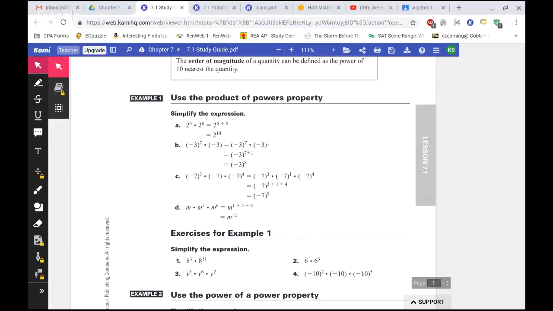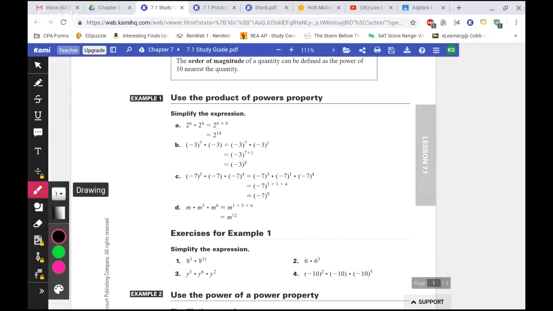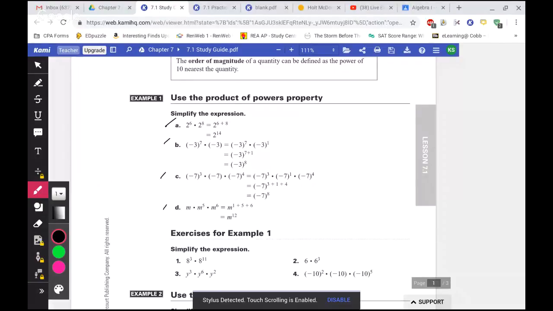If you look at A, B, C, and D, when the bases, this number, the 2, or the -3 in this one, -7 in this one, m in this one, are all the same, in order to multiply this term by this term, you add the exponents.